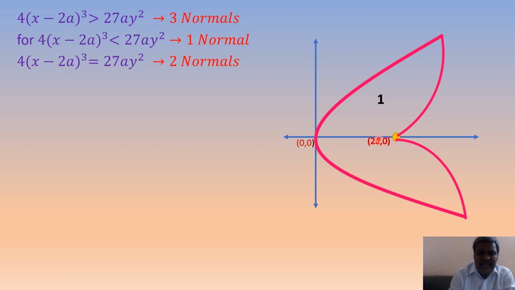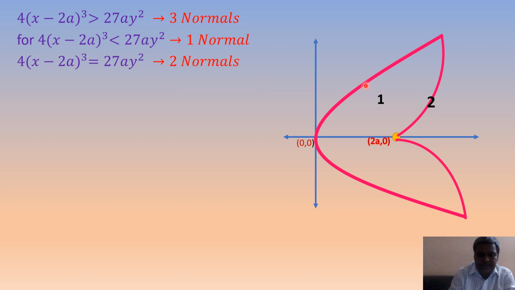And suppose your point is on this curve. What is my curve? Suppose this is the cubic curve, and this is the curve equation. For equality, 4(x − 2a)³ equal to 27a², we get 2 real normals.